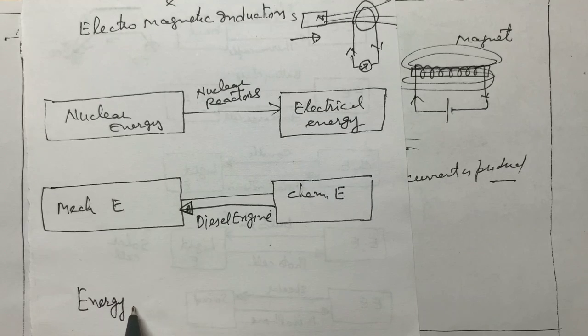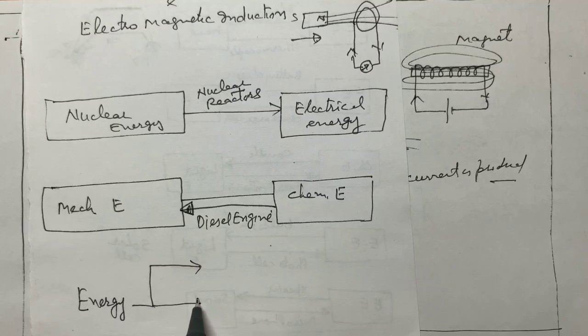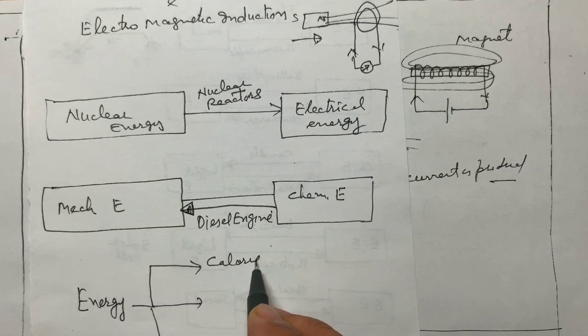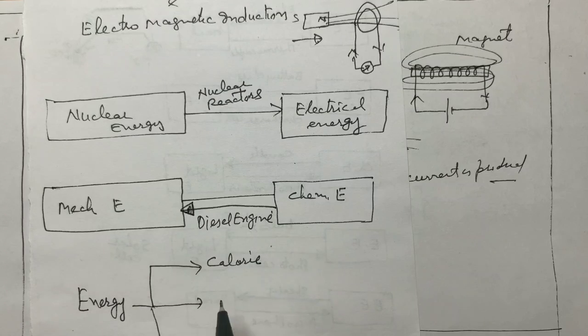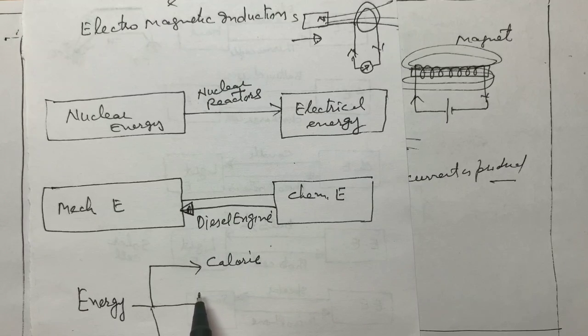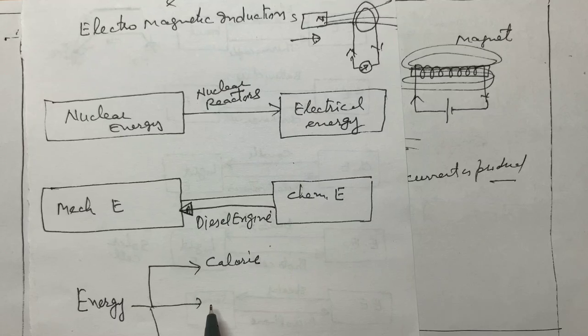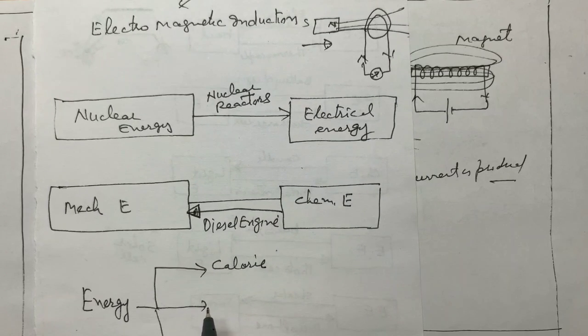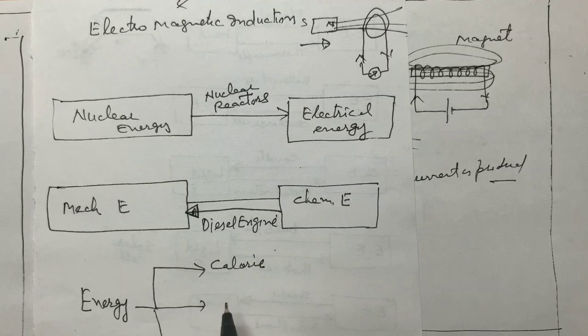You can convert later on into joules, like calorie. This is a unit of energy. Second unit of energy is electron volt.